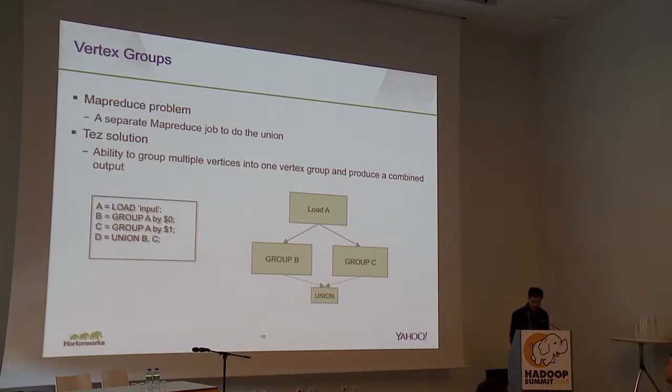Another optimization is Vertex Group. So look at this example script. If we do it in MapReduce, we will need 2 MapReduce jobs to process it. The first MapReduce job will process 2 group by simultaneously, thanks to the multi-query optimization. Otherwise, we will need 3 MapReduce jobs to process this Pig script.